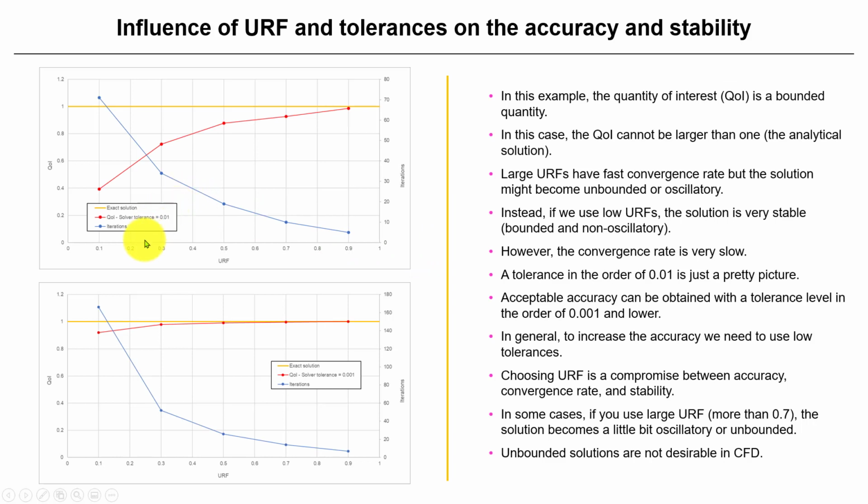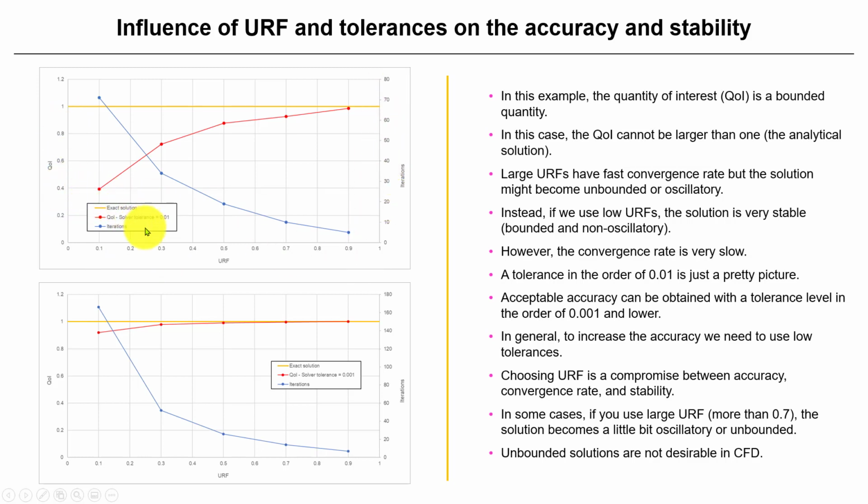See that here we see the influence of the under-relaxation factor on the solution. We know that the solution at the outlet is 1. You have it here, with two different solver tolerances, 0.01 and 0.001. See that in the case with large tolerance, different relaxation factors give you different values, but also a different number of iterations.